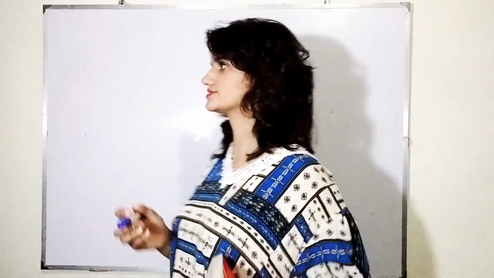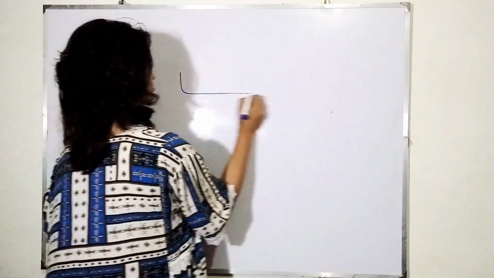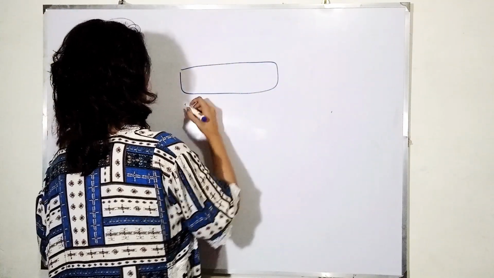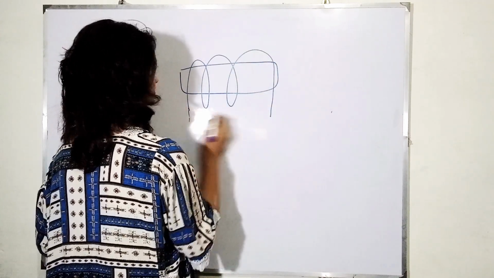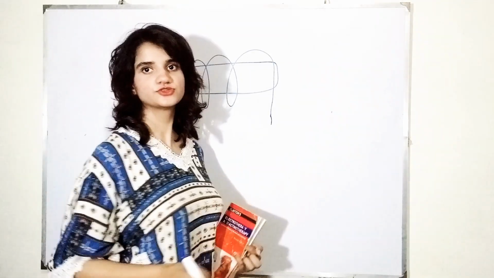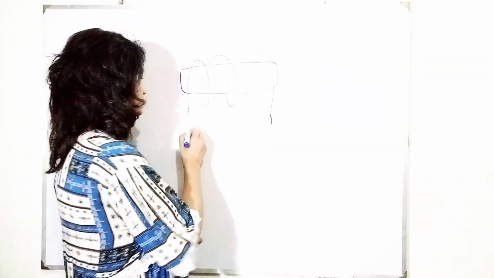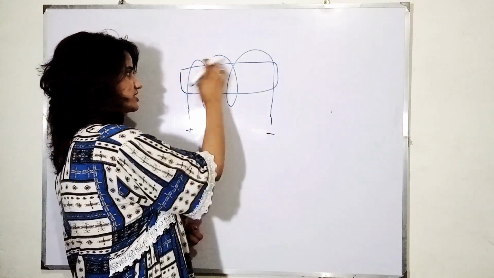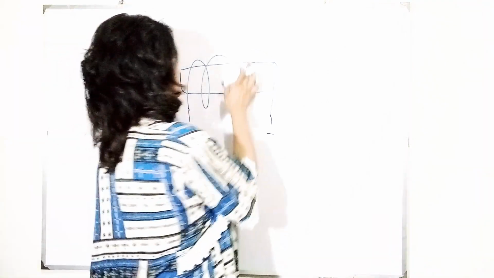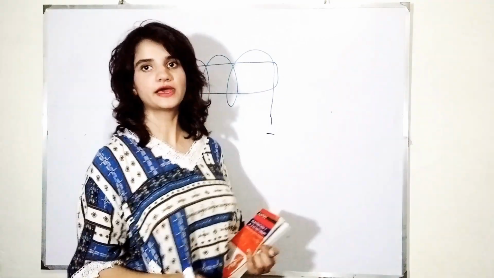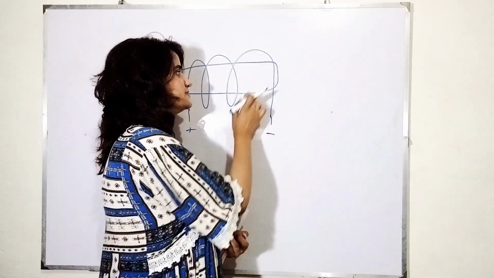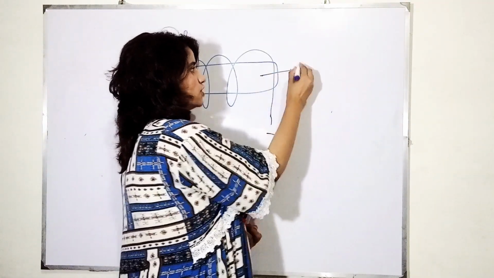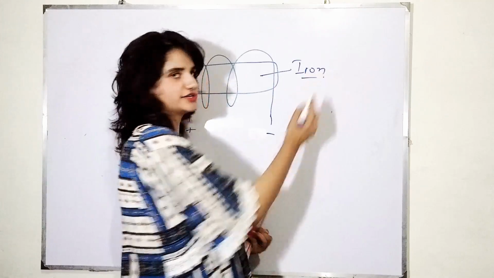For example, this is the soft iron core around which the wire is covering. Now you are giving the current. What will happen? The magnetic field will be set up in this region, and the iron would automatically be magnetized.